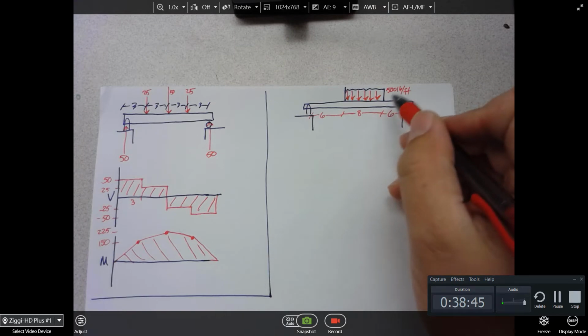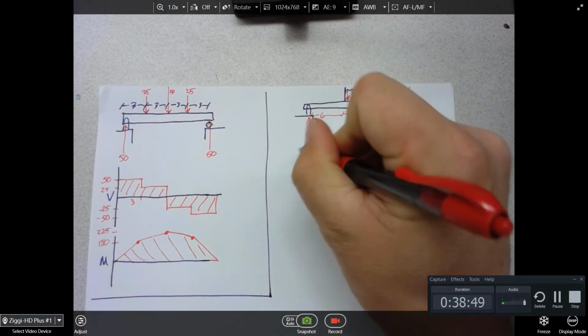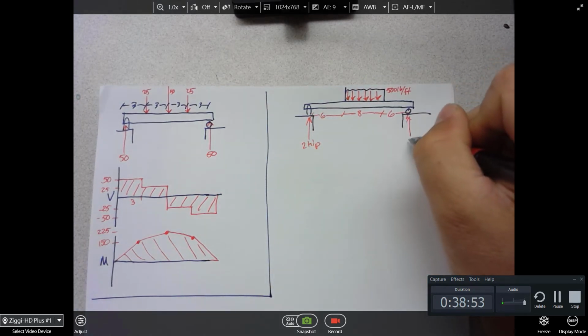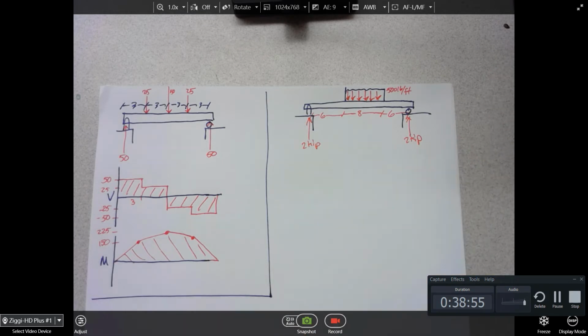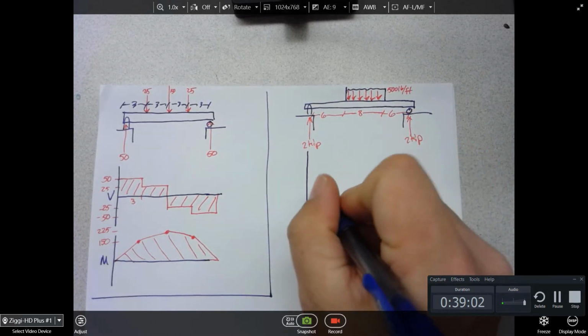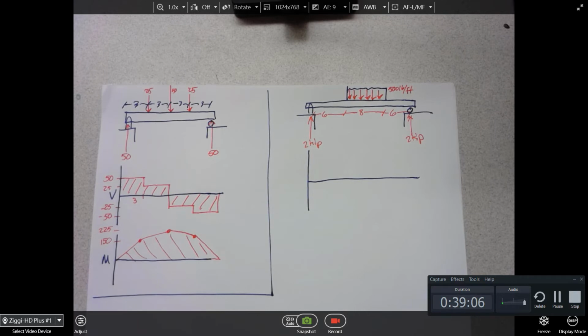So I believe 500 times 8 is going to be 4,000. So that means there's 2,000 pounds up here. That's 2 kip. And 2 kip. Okay? I'm going to say that we're going to be able to do this with just this information.